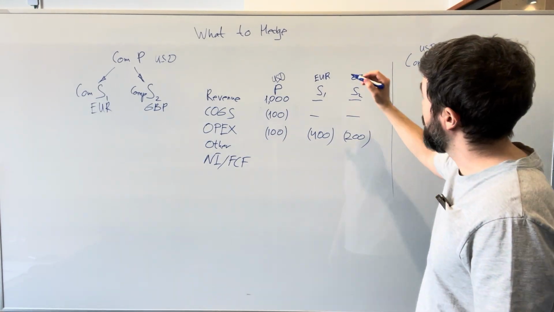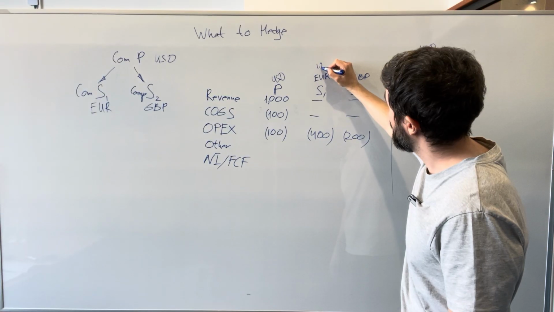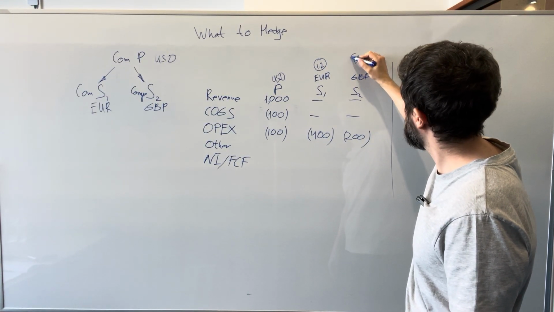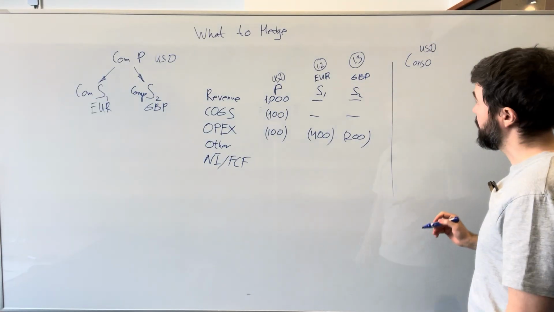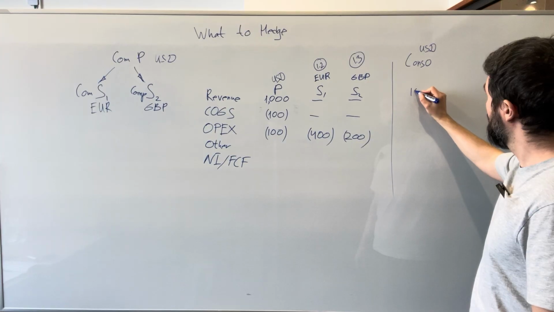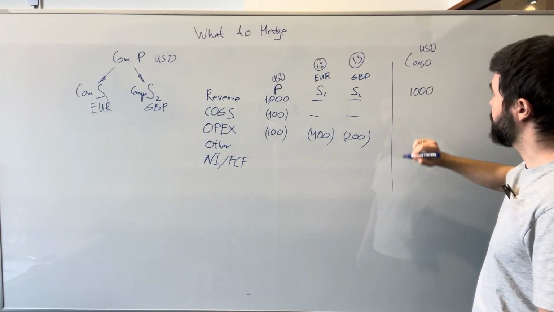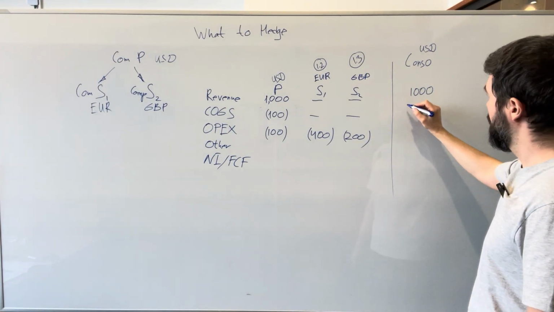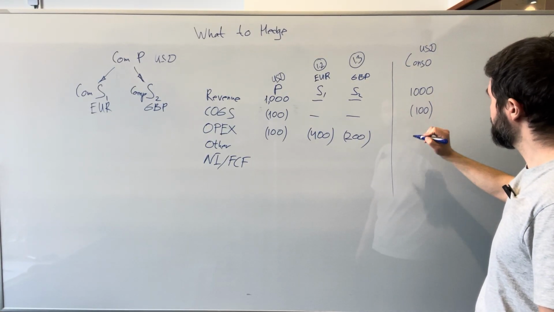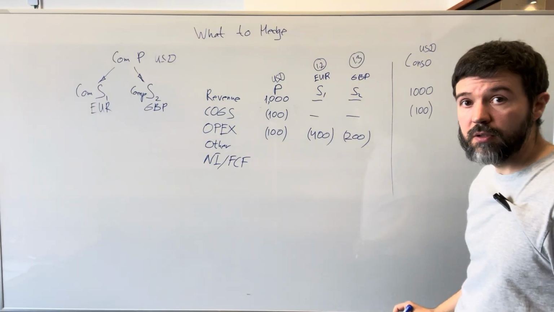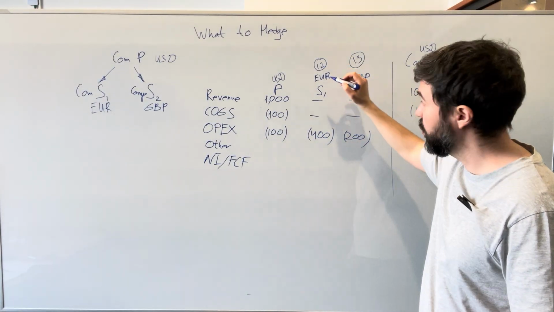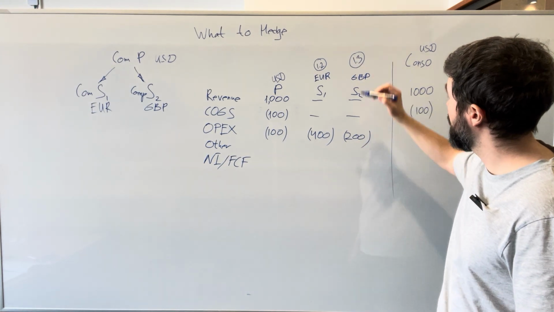Let's assume our planned rate here is 1.2 average for the next year and 1.3 average for the next year. Okay, consolidating. $1 billion revenue, cost of goods sold 100, OPEX 100 plus 400 multiplied by 1.2 plus 200 multiplied by 1.3.